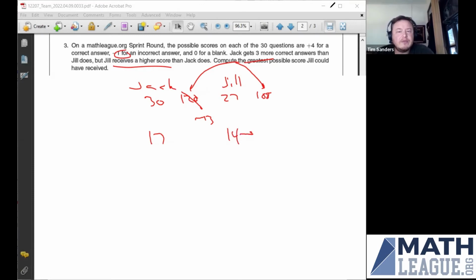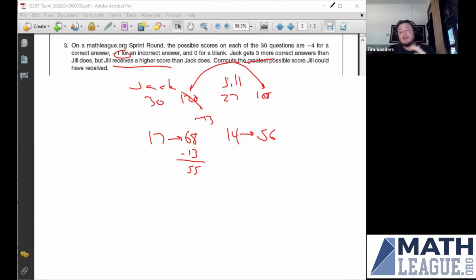Jill's score with 14 correct is going to be 56. Jack's score was 17 correct. If it's all the 17 correct, that's going to be 68. But then we get 68 minus 13 for the incorrect ones, and that gives us a 55.